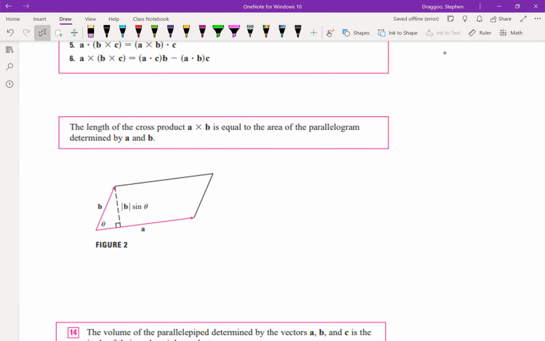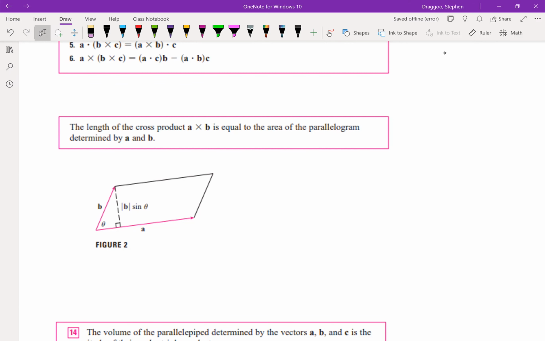We defined it earlier, but geometrically, the magnitude of the cross product of two vectors is going to be equal to the area of the parallelogram determined by those two vectors. So if I've got vectors A and B listed out right here, you can see that they create a parallelogram, if I just mirror image A and B moving on the right and the top of that parallelogram.